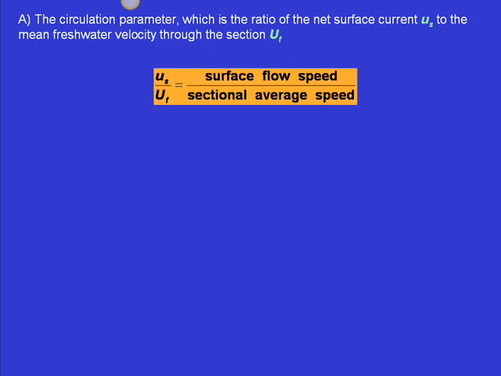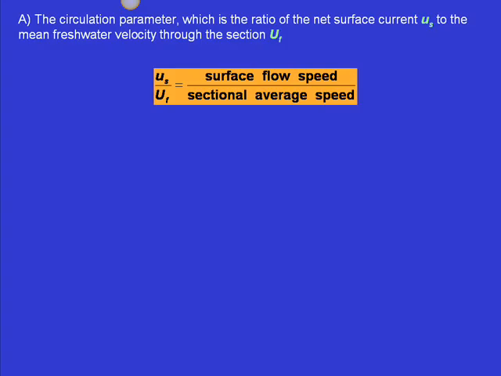Because if we have an estuarine circulation, that sectional average speed will be large, small, negative? If we have surface outflow throughout a surface layer, and then near-bottom inflow all across this basin, the cross-sectional average will be very small, close to zero, right? So this ratio will be large. If the denominator gets close to zero, this ratio will grow large.